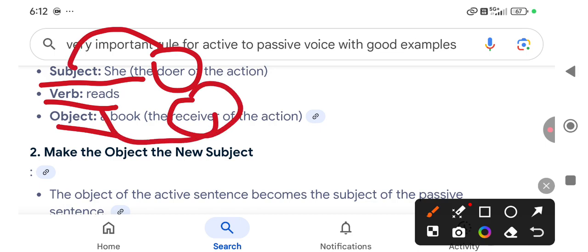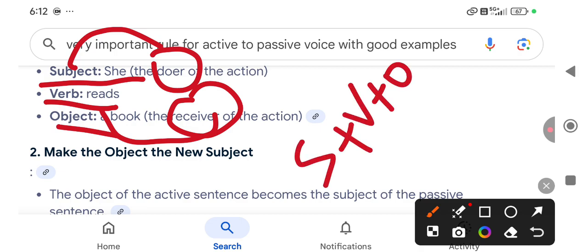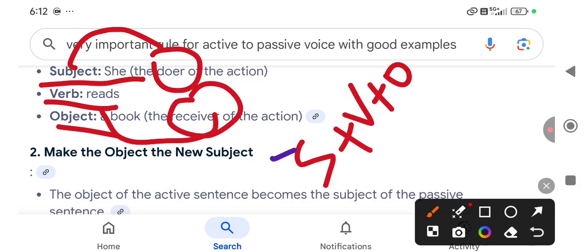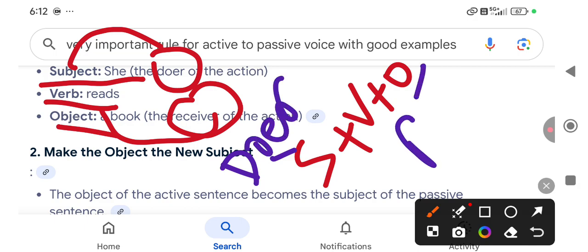Please take care: subject plus verb plus object. Subject is doer and object is receiver.